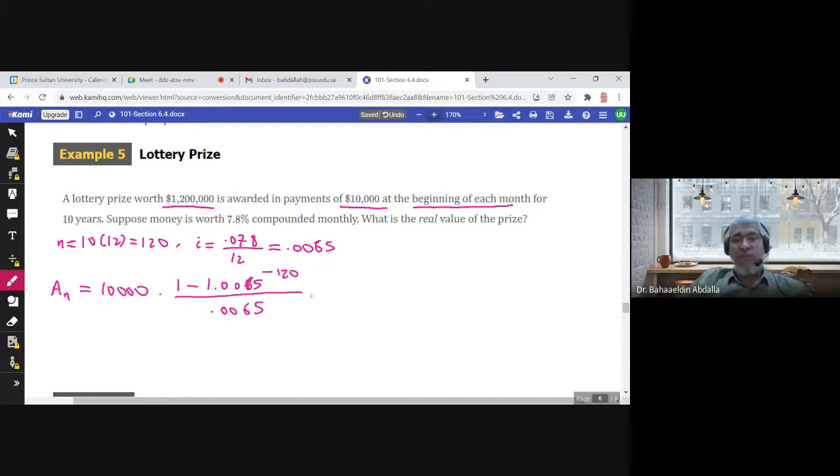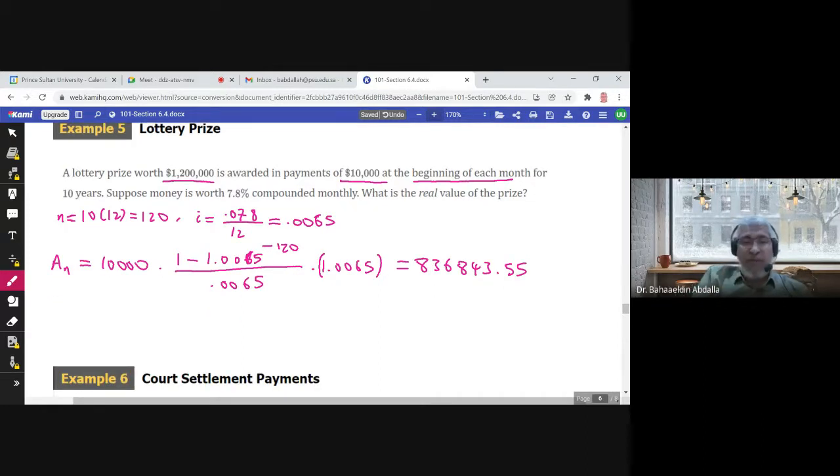This is i. Now times 1 plus i because it is annuity due, 1.0065. Use the calculator, multiply all of these numbers, and you will find that the answer is 836,843.55 dollars. So this is the real value of the prize.